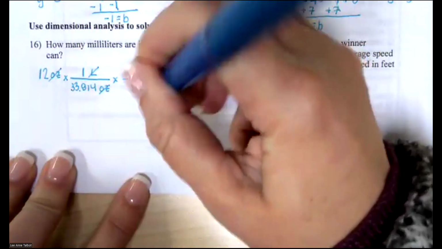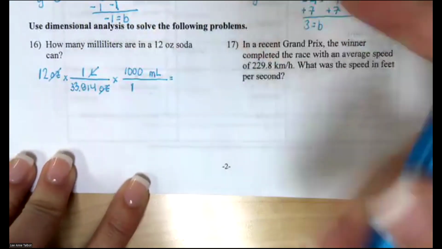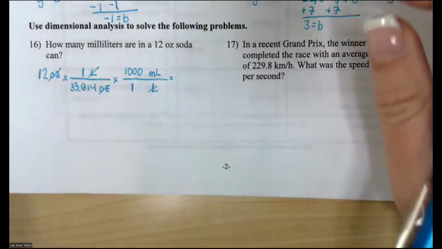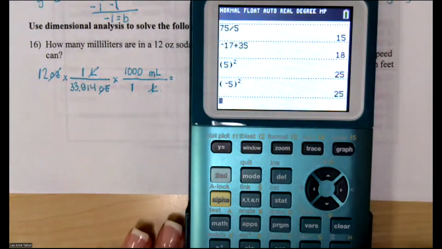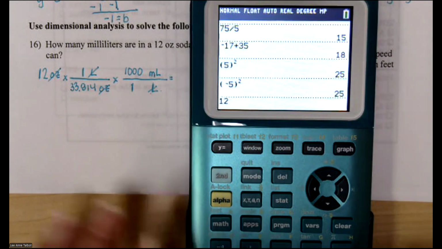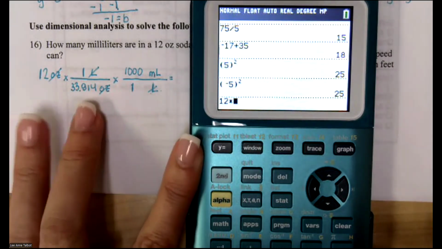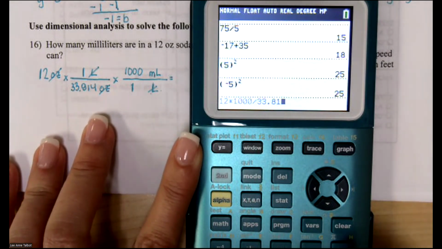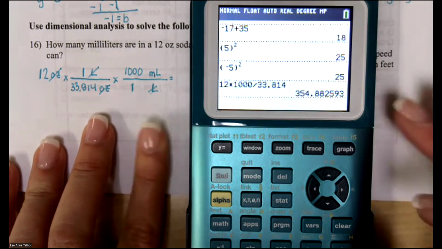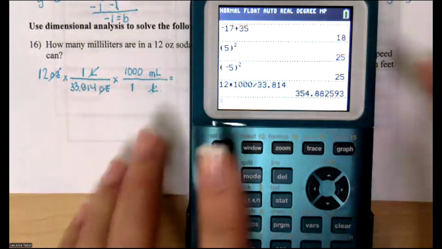Okay, now what do I do on the calculator? So 12 times 1,000 divided by 33.814 is 354.9.